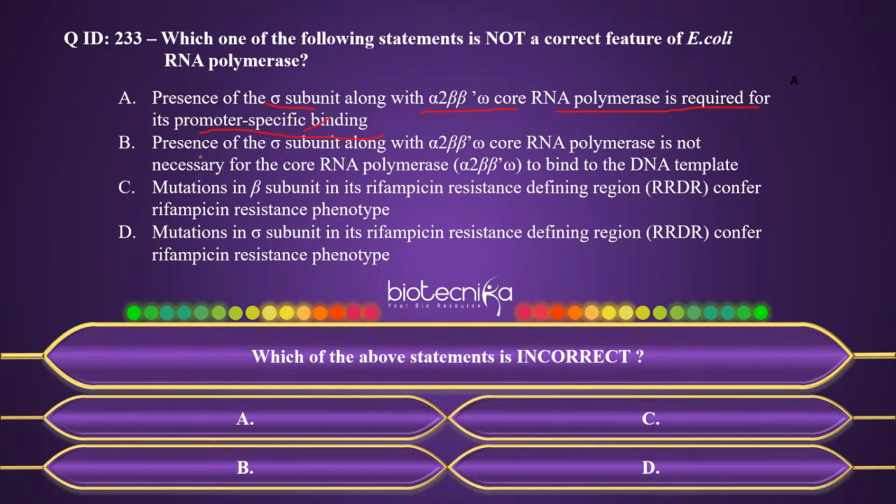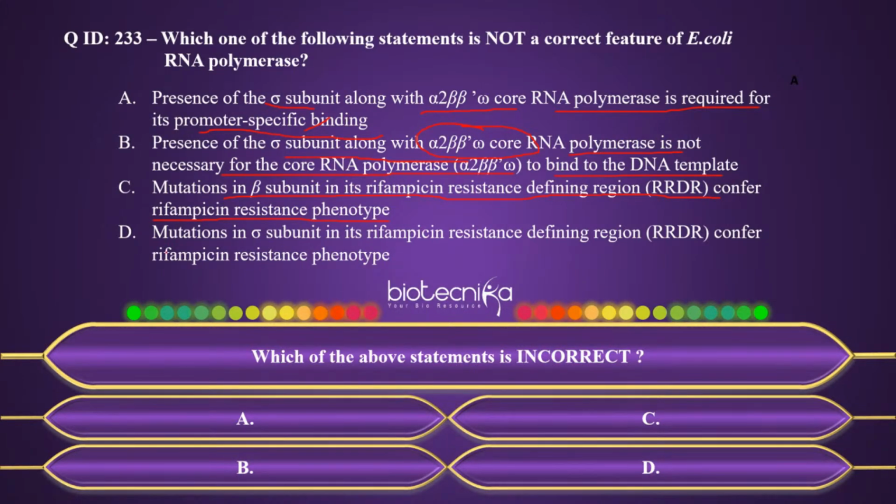The second option says that the presence of the sigma subunit along with the core protein of RNA polymerase is not necessary for the core RNA polymerase to bind to the DNA template. Option C says the mutations in the beta subunit in its rifampicin resistance defining region, RRDR, confer the rifampicin resistance phenotype.